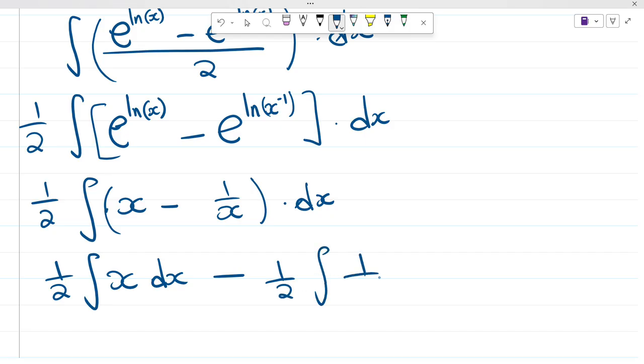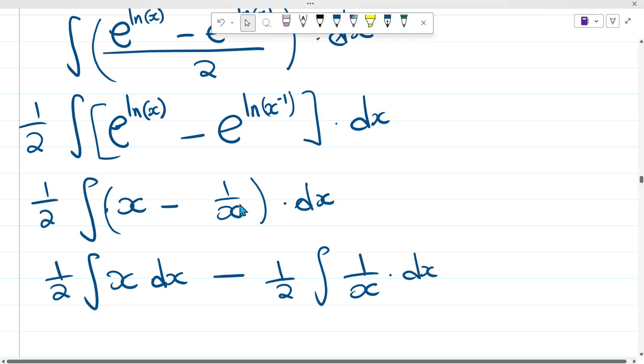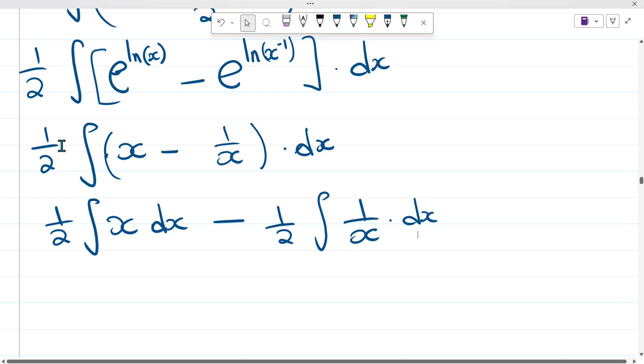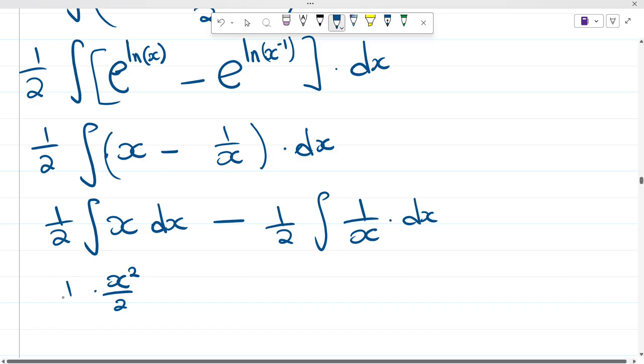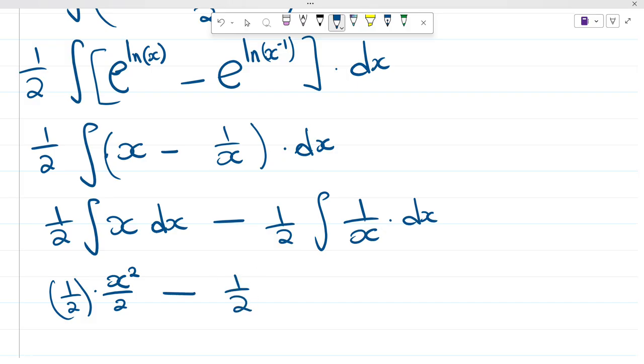So what am I doing here? I split it. I made each and every term here have its own integral because they were sharing it, and they were also sharing that half, so I gave each its own half, and now I'm integrating. So this is going to be 1 over 2 times x squared over 2, just like this, and then minus 1 over 2.